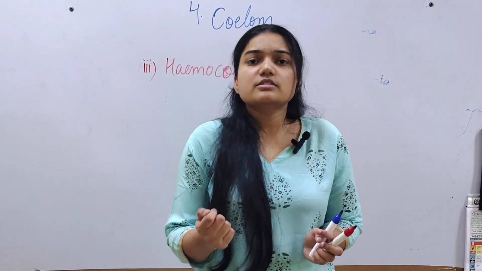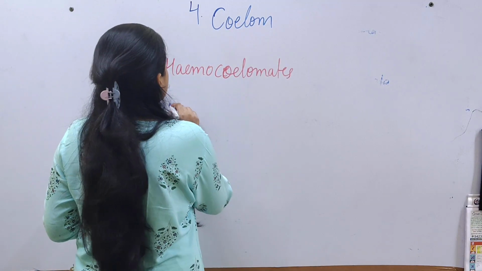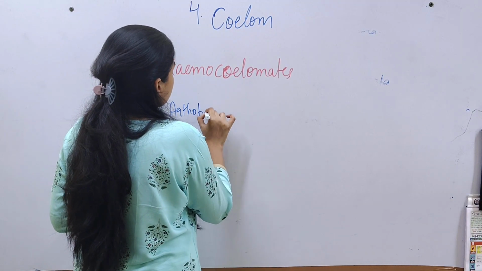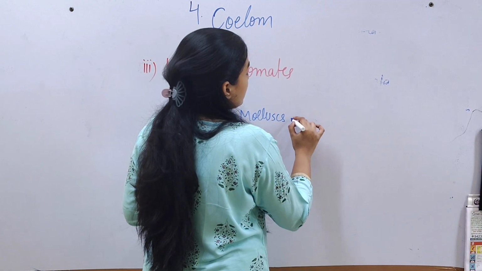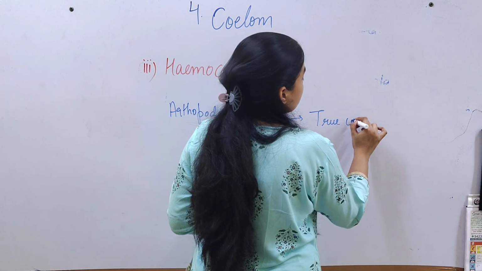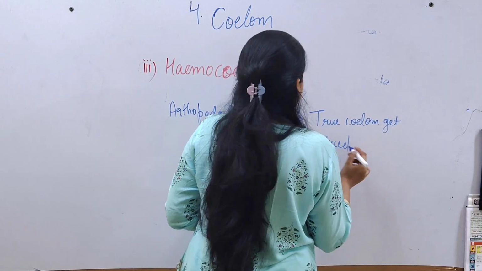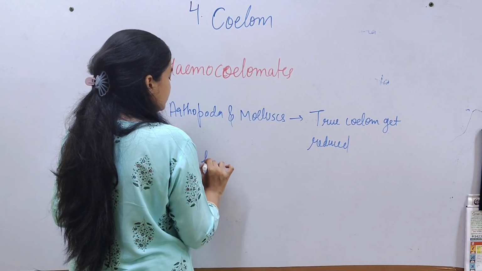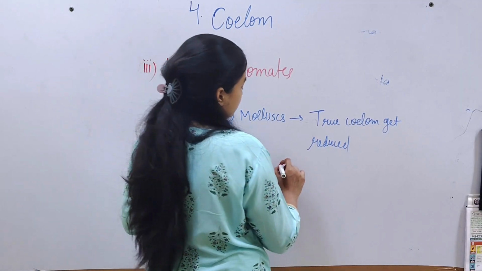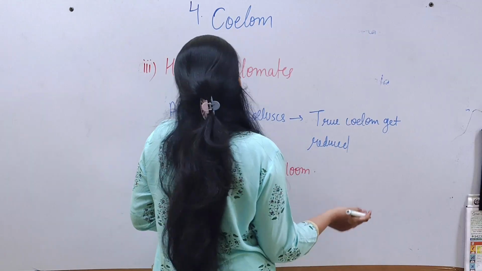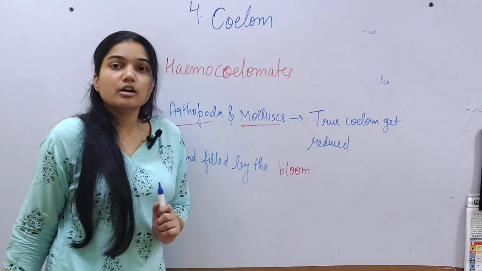The examples of the hemocoelomate are the phyla arthropoda and molluscs.